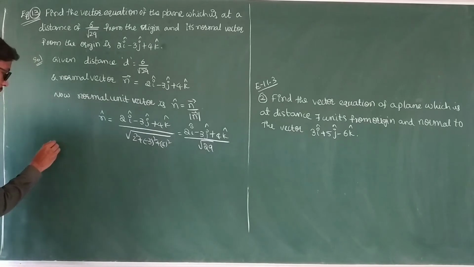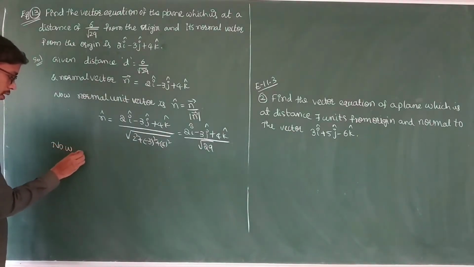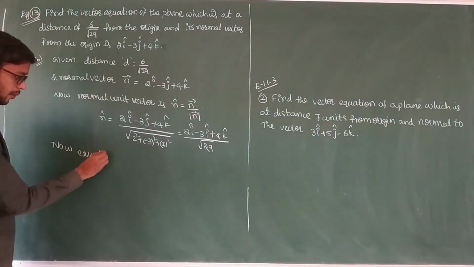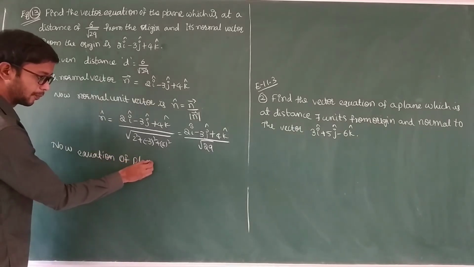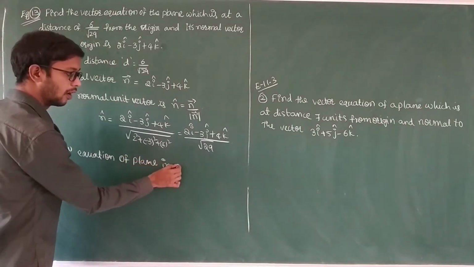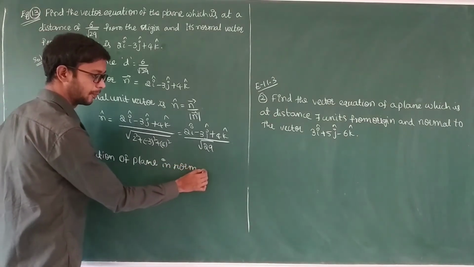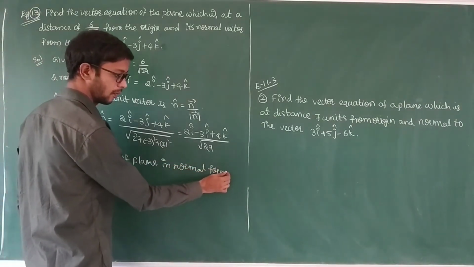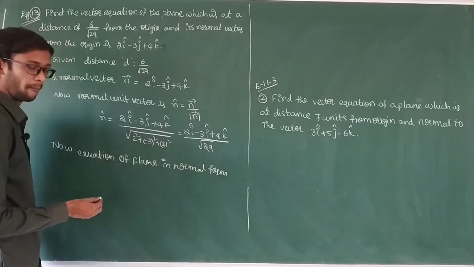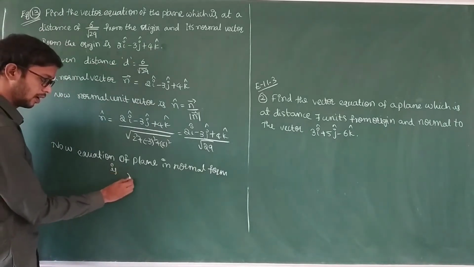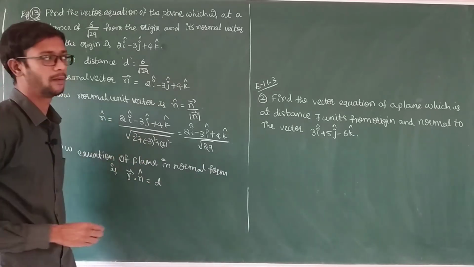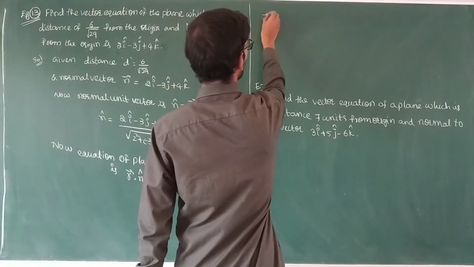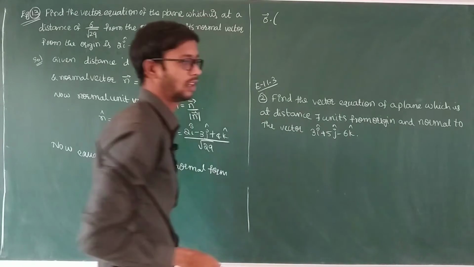Now the equation of the plane in normal form is r bar dot n cap is equal to d. So r bar as it is, dot product with n cap.